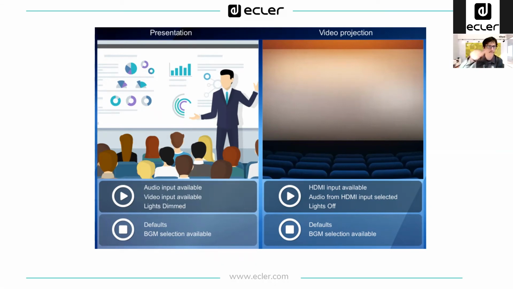So with one button, we create a routine. We made some changes in different devices, and we can just select another button. In this case, we are choosing conference mode or default mode, which would be the lights 100% turned on and no video, no audio, maybe. Okay, and with background music. Okay.